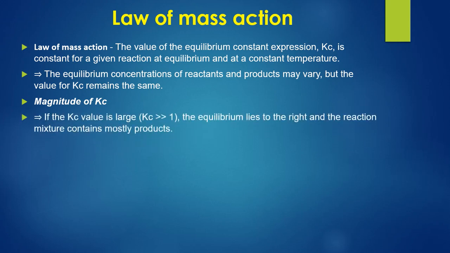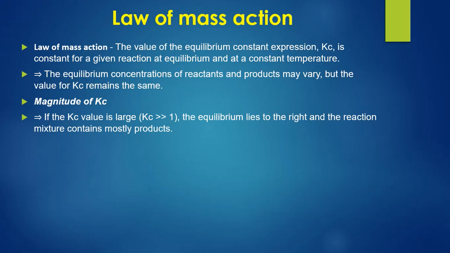So if the Kc value is large, meaning Kc is greater than 1, what does that mean? When the equilibrium constant is greater than 1, the equilibrium lies to the right, and the reaction mixture contains mostly products.